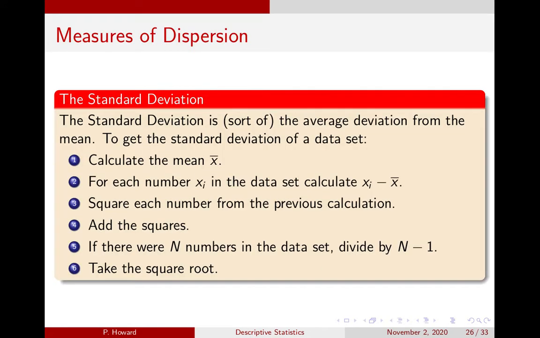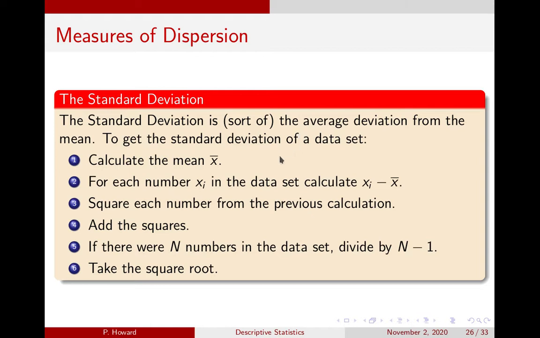The second measure of dispersion is what's known as the standard deviation. So we're going to look at an example shortly. But here's how you calculate the standard deviation. First of all, it's like an average deviation from the mean.